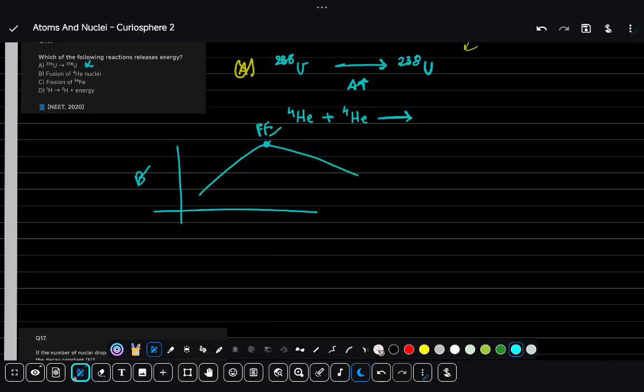This is binding energy per nucleon, and this is the atomic number of elements. It is maximum for Fe-56. So among all nuclei, iron has the highest binding energy holding its nucleons together.